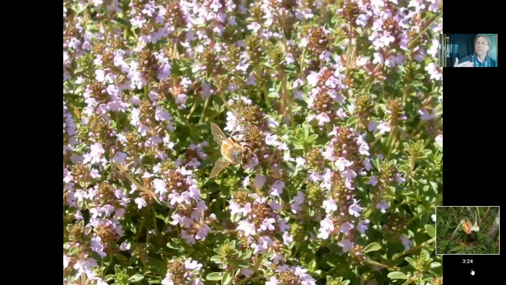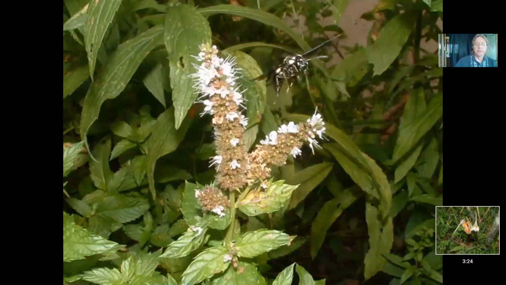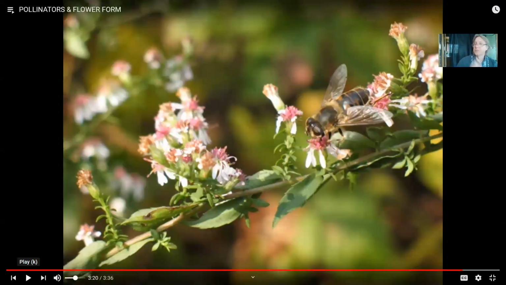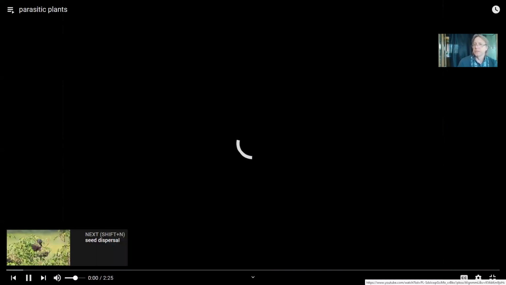Very often the structure of the flowers and the color of the flowers are an adaptation to help specific pollinators, and then to promote pollinator fidelity.